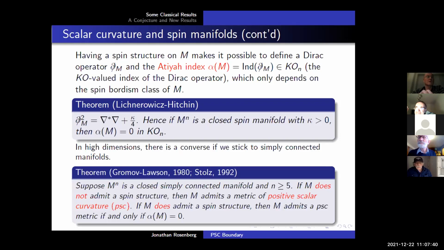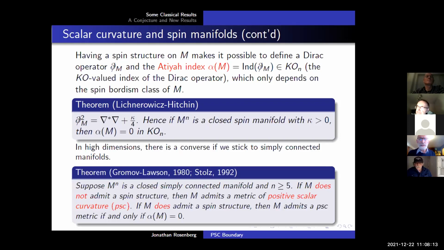Wait, I have a question. Go ahead. If we just go back to old-fashioned oriented manifolds, there's a difference between oriented and orientable. For example, the index of the Hirzebruch signature operator is not well defined for orientable manifolds. You have to orient the manifold. I think there might be an analogous thing here.